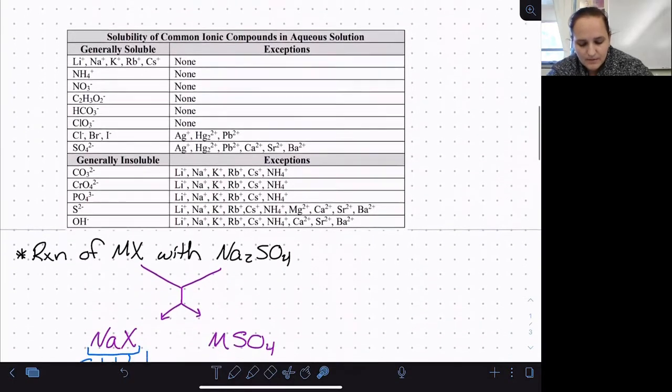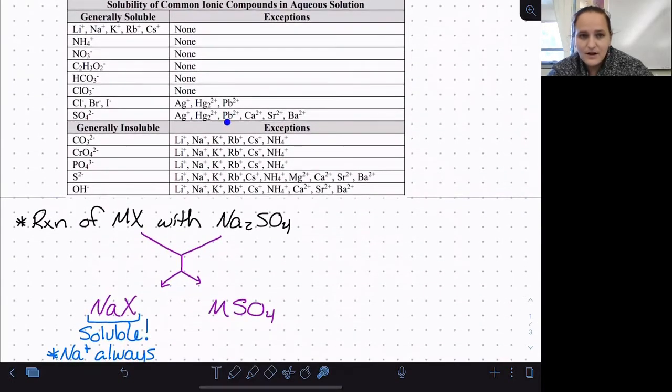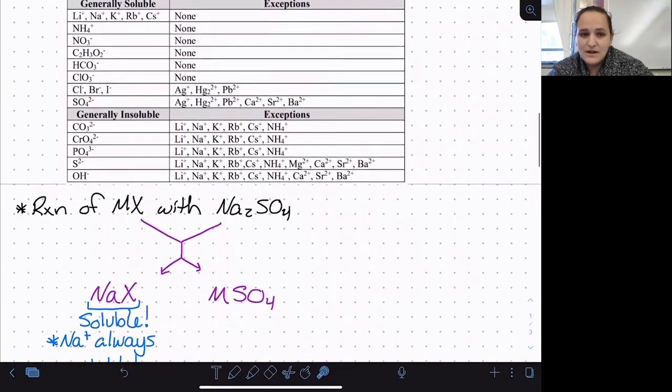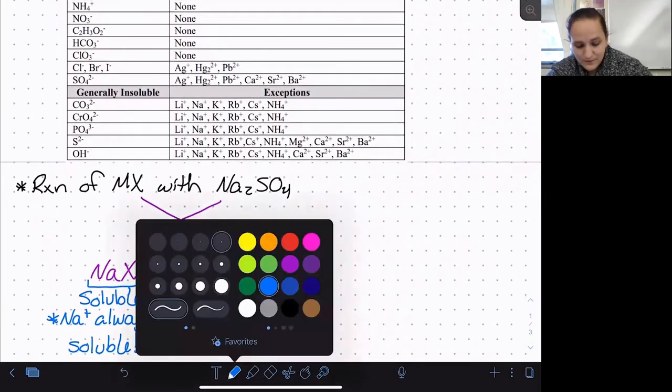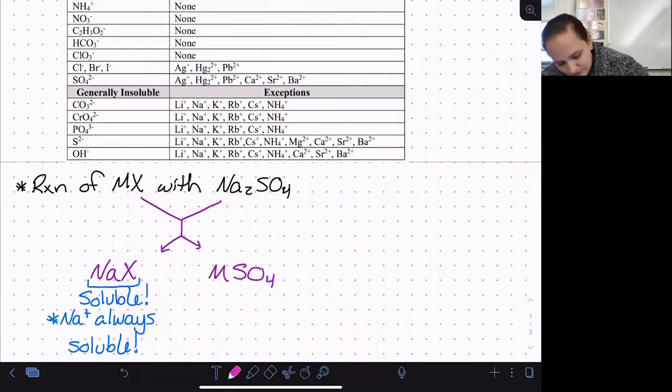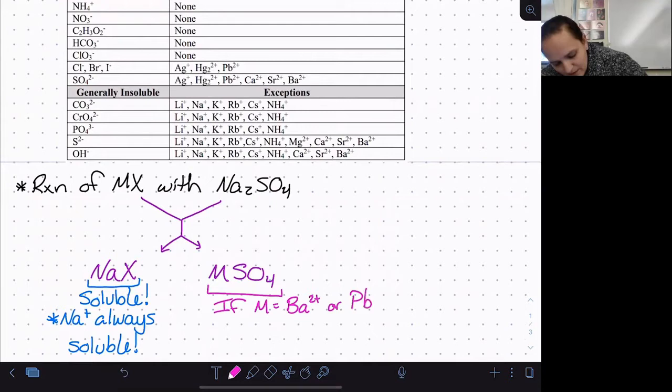So barium and lead are both exceptions, meaning that if our cation is either barium or lead, it would not be soluble. So if M is barium or lead, then this would be not soluble, meaning we would expect to see it precipitate.